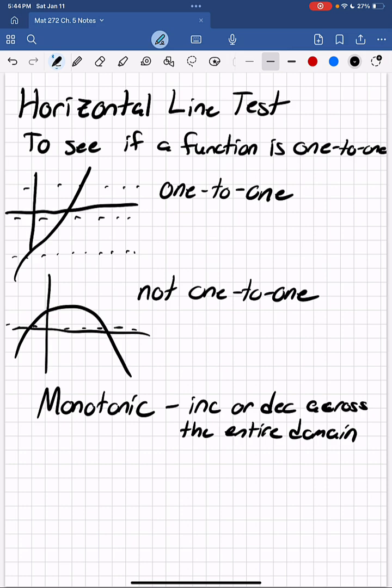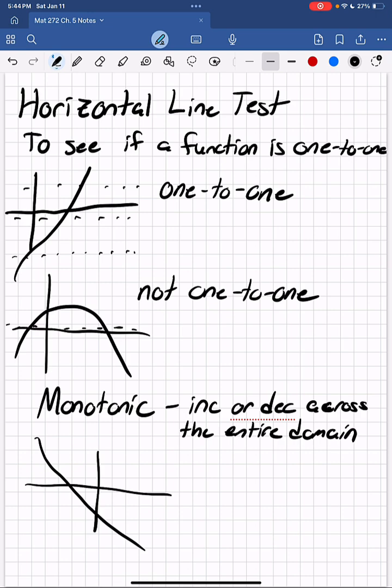So a function is monotonic if it just does something like that. As long as it's continuing to go up or down, increasing or decreasing across the entire domain, then it is monotonic. Okay.